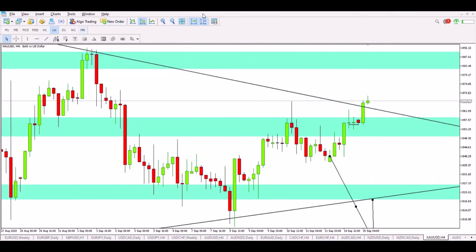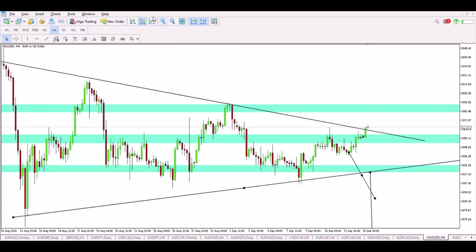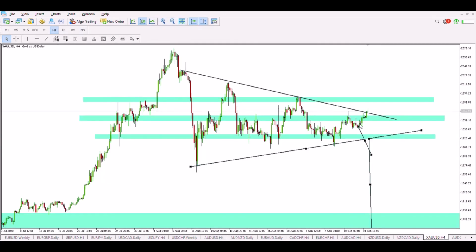But for now, we can see that the triangle is trying to break above. Well, we still don't know. We still can see a pushback to the support zones right here, and from there we can expect another push to this resistance, or a break, or a consolidation before the final break.